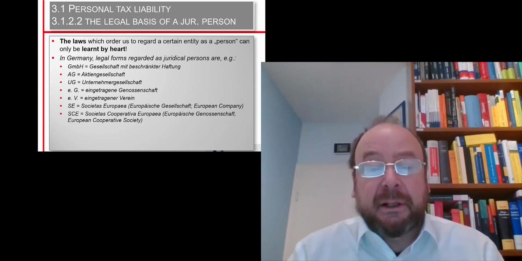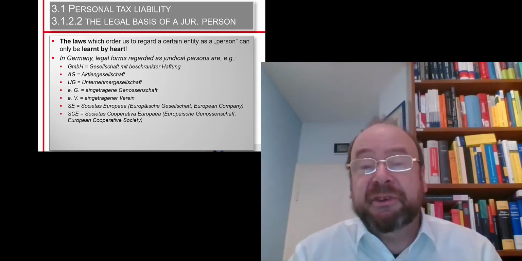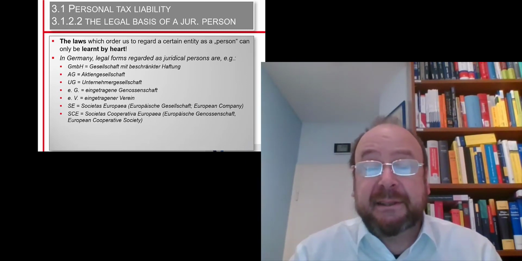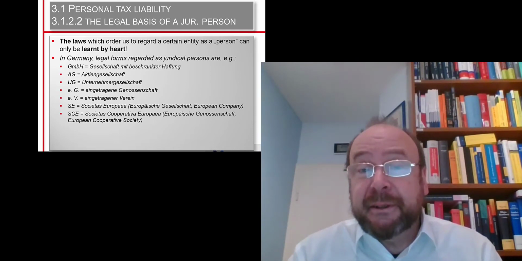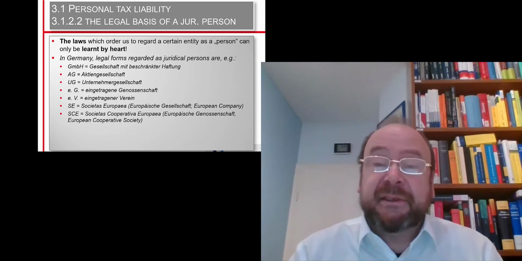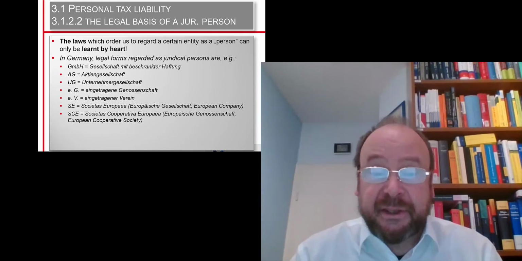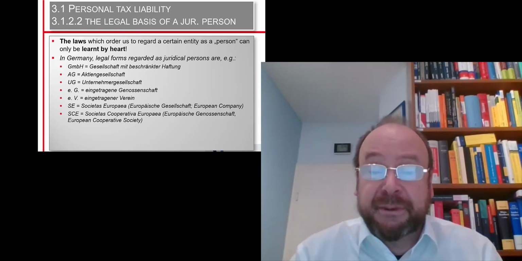The same applies to some other legal forms, for example, UG, Unternehmergesellschaft, which is a simplified form of a GmbH with less share capital; a cooperative society, a society which has been founded primarily in the interest of its members, abbreviated EG, eingetragene Genossenschaft, eingetragen meaning registered; or the EV, which we have already mentioned, the Registered Private Association for Non-Economic Purposes.